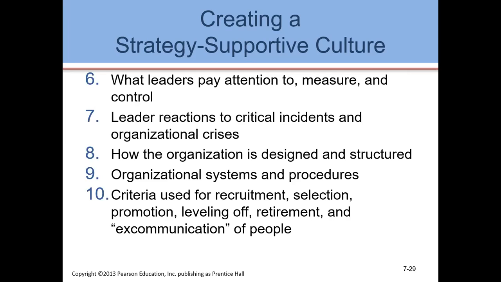The sixth aspect related to strategy supportive culture is talking about what leaders pay attention to, measure and control, what leaders' reactions to critical incidents are, an organizational crisis, how the organization is designed and structured, how organizational systems and procedures are developed, the criteria used for recruitment, selection, promotion, leveling off, retirement, and excommunication of people.